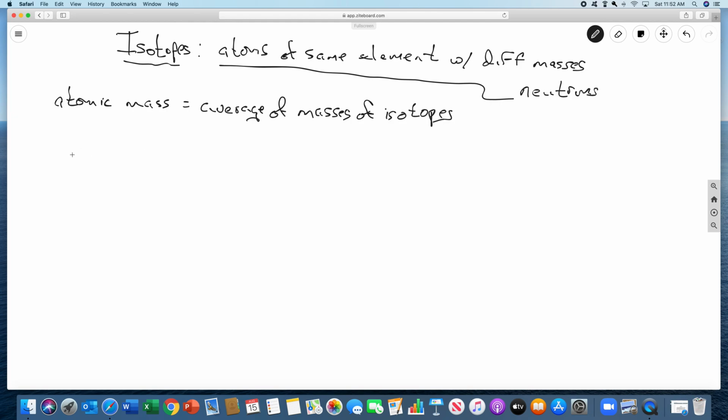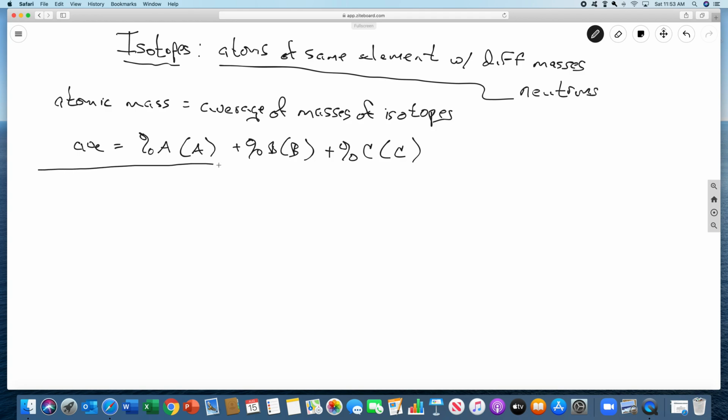All right, and so the average is the percent of A times the value of A plus the percent of B times the value of B, and so on and so forth. And of course, we use the percent as a decimal.